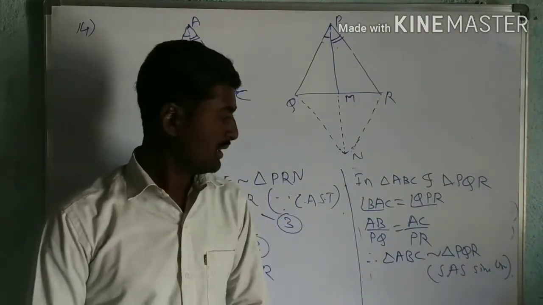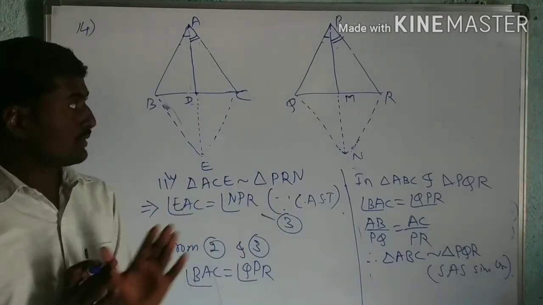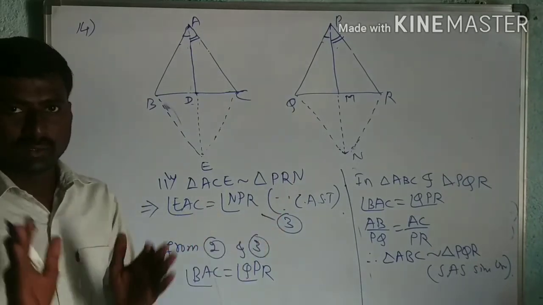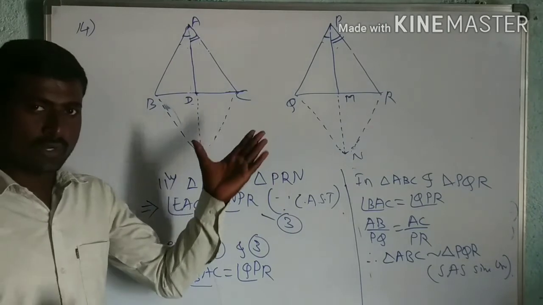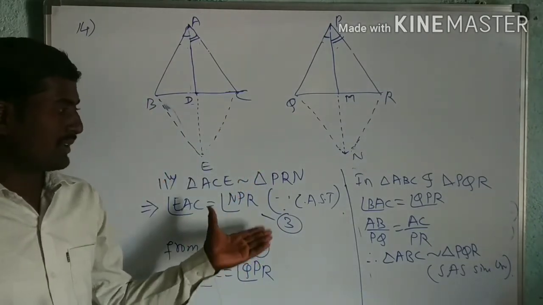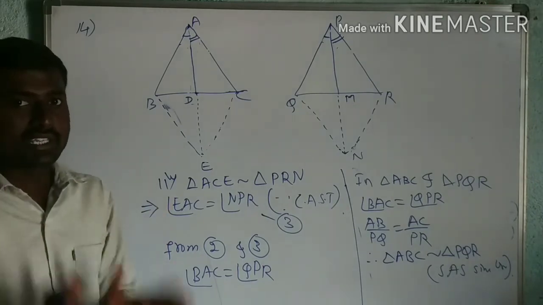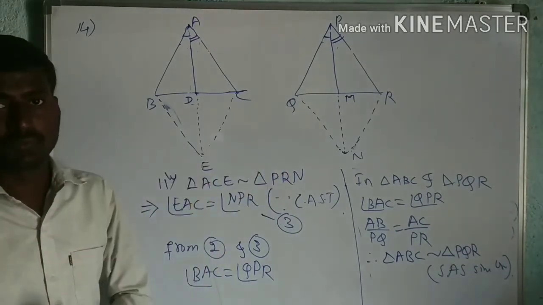I proved it. So this is a very long answer. For this question especially, you may not have understood properly. You do one thing, that is the best method for you. First you write this as it is, whatever solution I gave, completely. Then you think what is the given condition and what we have to prove.